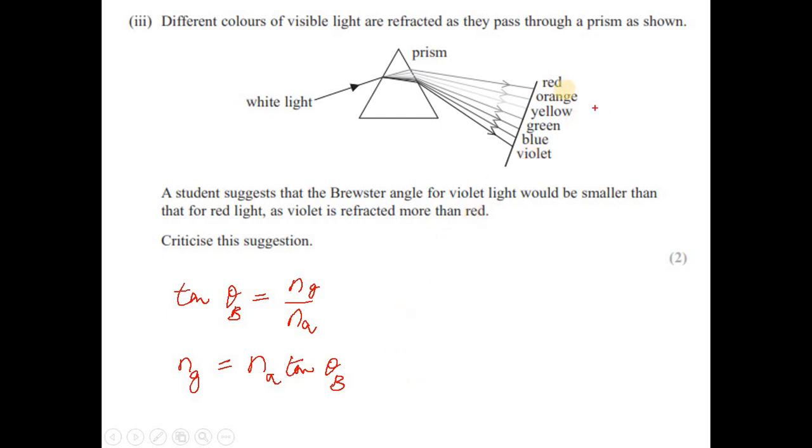Now if you compare red light and violet light, red light is refracting less and violet is refracting more. Because violet light is refracting more, that means for violet light the refractive index of glass is more. That means for violet light, the value of Ng is greater.